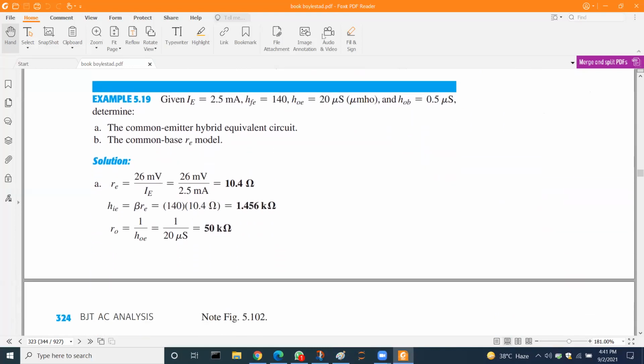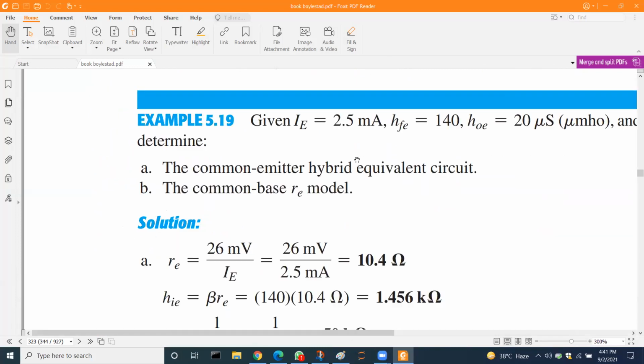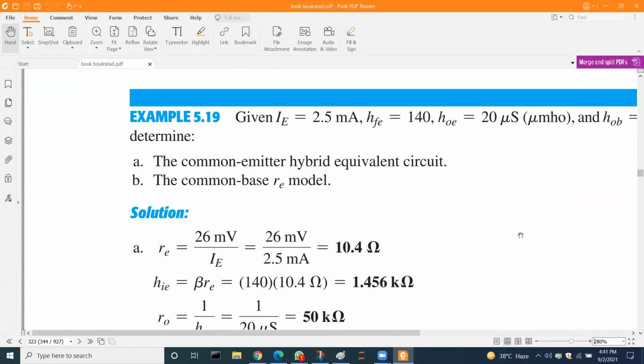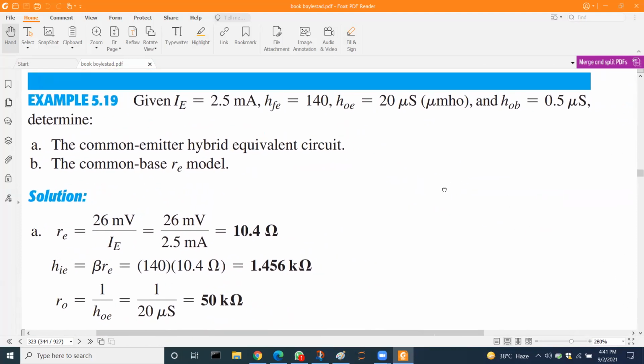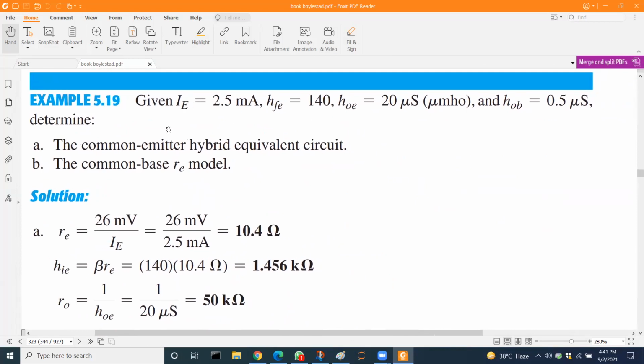Okay, in this example, first we understand the example. So the given parameters: IE is given, HF is given, which is beta.